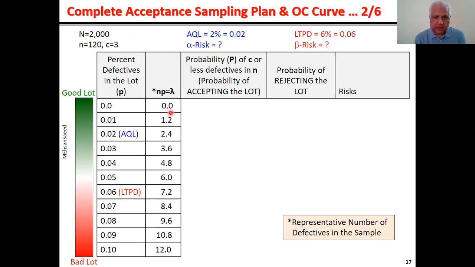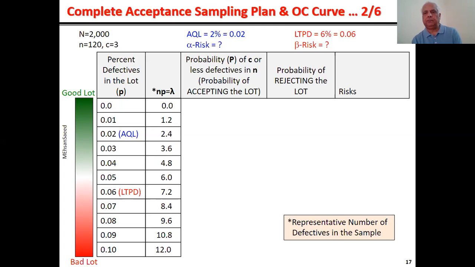Remember, we have to enter the Poisson table with 1.2, 2.4, 3.6. So you might like to write these figures on a piece of paper before going to the Poisson tables. Otherwise, you'll have to come back to this particular frame of the video. And over here, what I will do is shift the screen to Poisson tables.